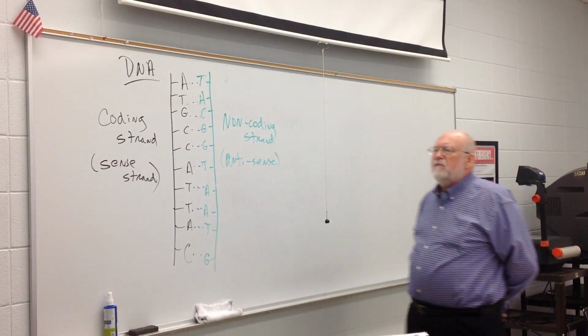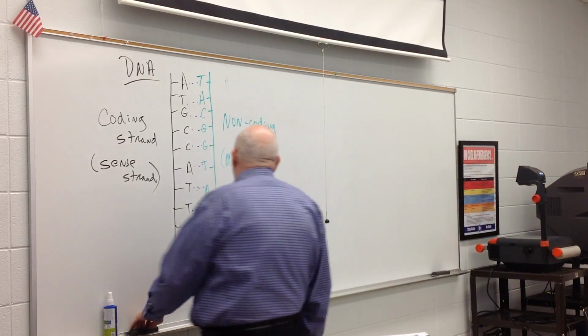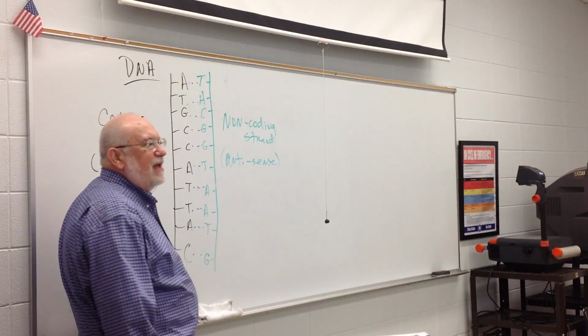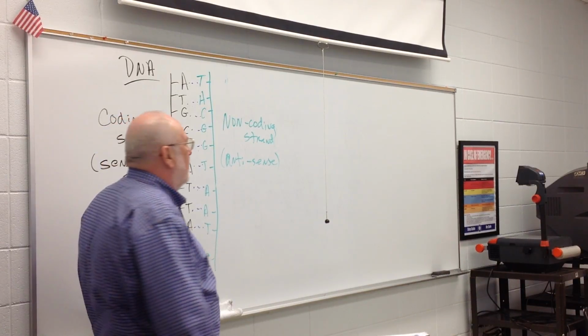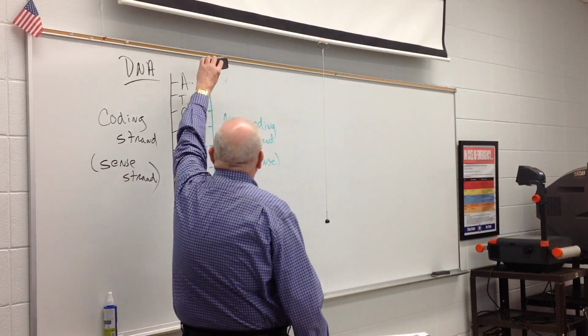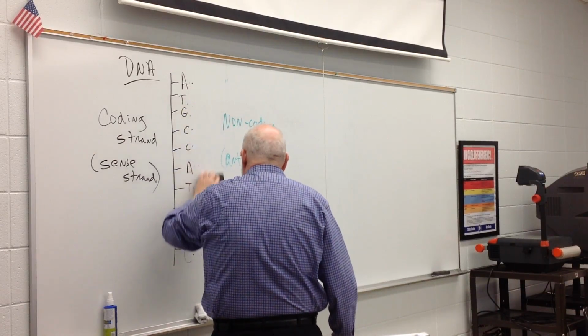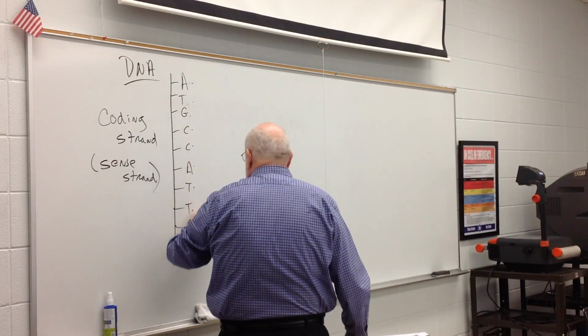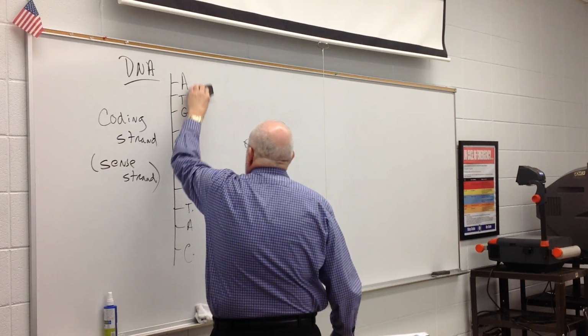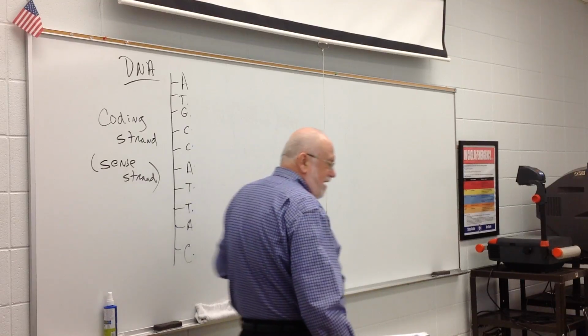But we're not going to use it now. We're ready now for transcription. We're ready to make a complementary messenger RNA. We're going to have an enzyme come in and unzip these things, and I'm just going to take this non-coding strand and put it aside, out of the way.